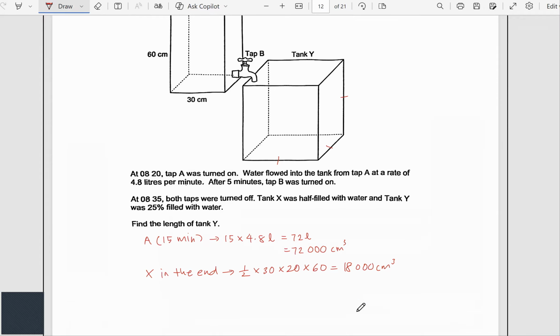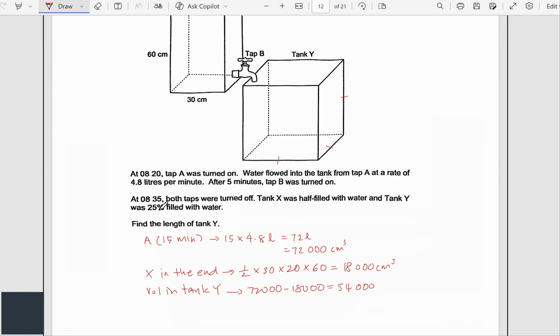Okay, so the volume in tank Y would be 72,000 minus 18,000, 54,000.